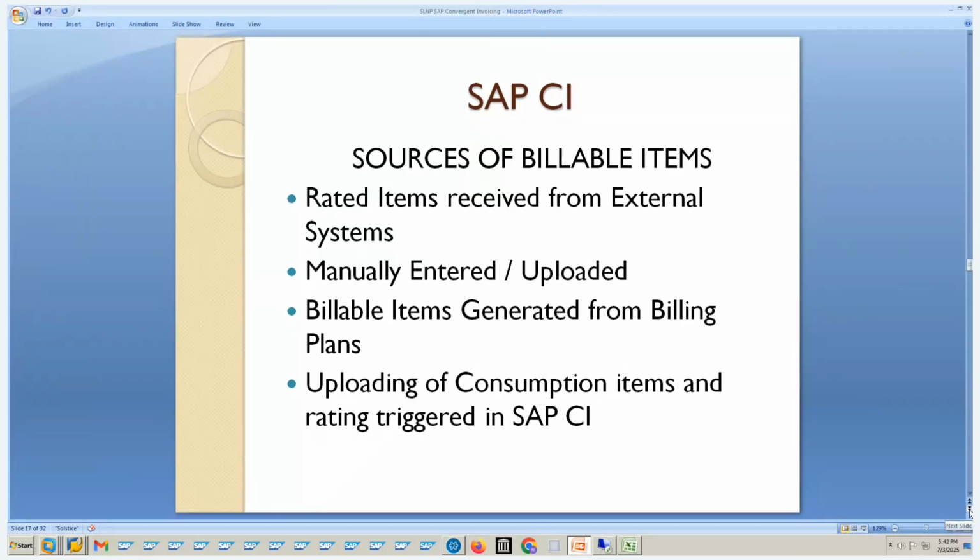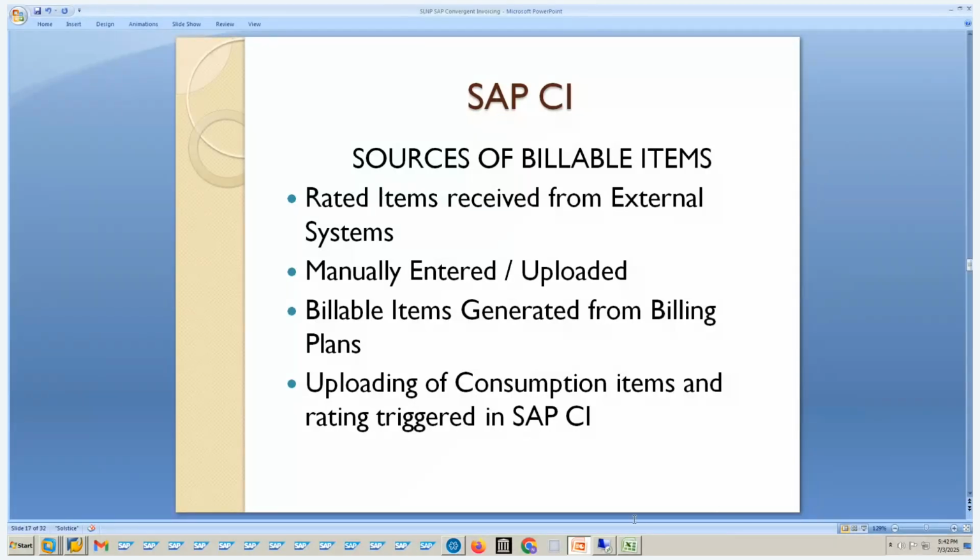Now, what are the sources of the billable items? Suppose you are looking into a CI system, billable items are available in our system. But what are the various sources? As we mentioned before, these rated items could be received from an external system like SAP CC. We have a provision to manually enter or upload the billable items.